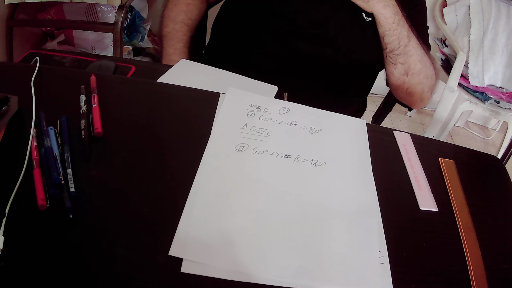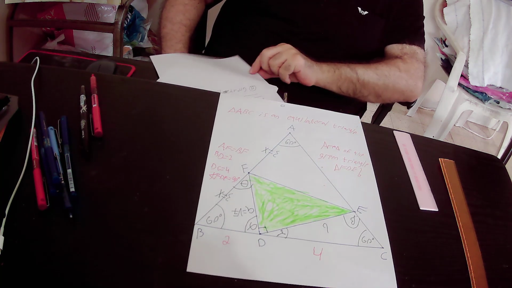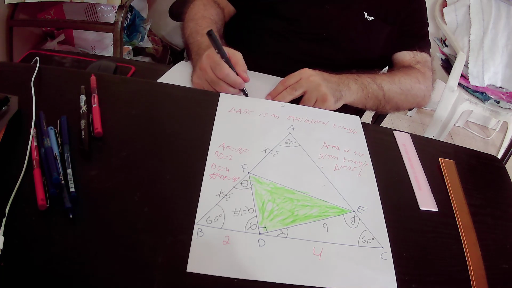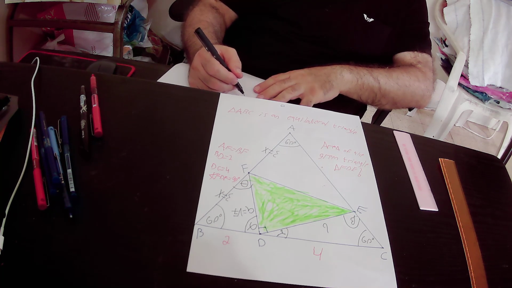In the next step, we will add equation number 1 to equation number 2, and we will get equation number 3. 60 degrees plus 60 degrees is 120 degrees.